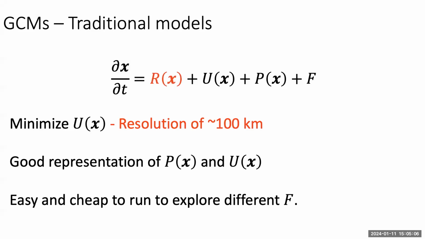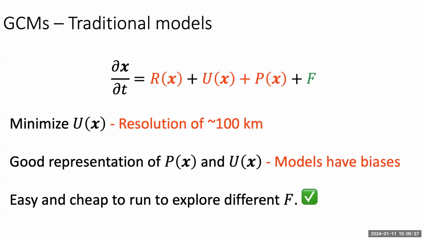When we look at traditional models, we usually talk about a resolution on the order of 100 kilometers. So it's not that great a resolution if you want to resolve small-scale phenomena. We know that our representation of the physics is not perfect, there are model biases, and the spread between models when we explore different forcings is large.